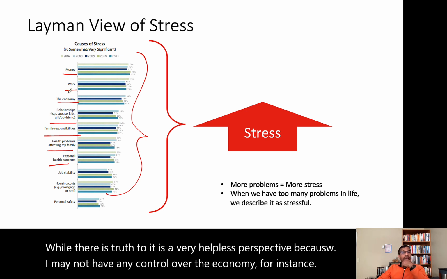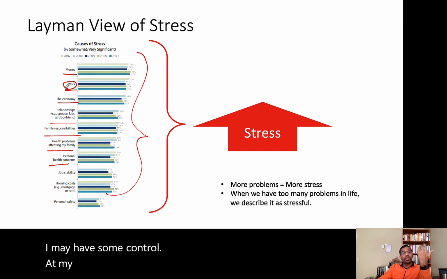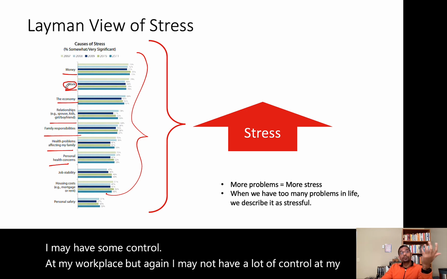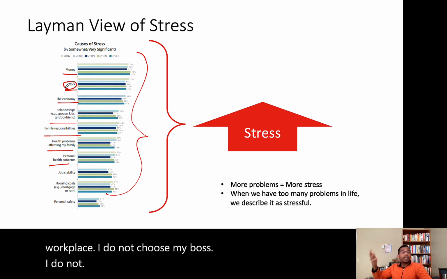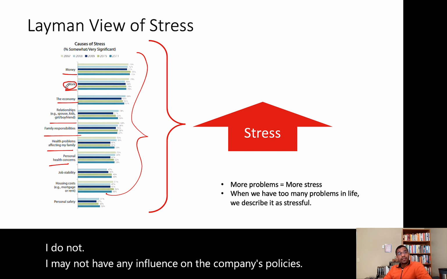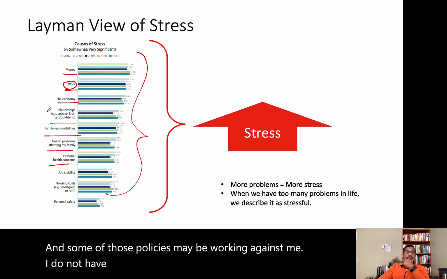I may have some control at my workplace, but again, I may not have a lot of control. I do not choose my boss. I may not have any influence on the company's policies, and some of those policies may be working against me. I do not have control over, say, the personality traits of my parents.